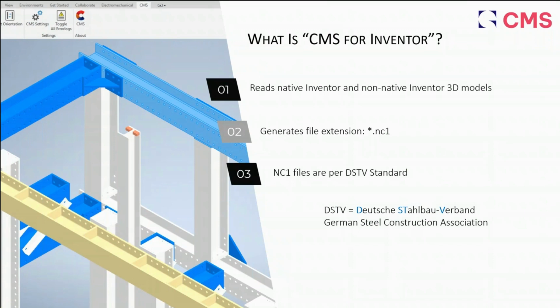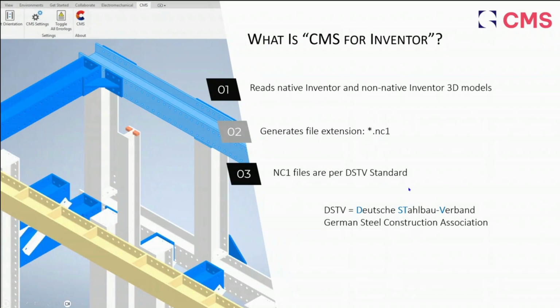So if you're getting anything from your client, your supplier, or your design team, some IGES files or STEP files or SAT files, and as long as you can open that in Inventor, whether it's assembly content or a single member, we can convert them as well, right? The extension of the file we'll be saving as would be .nc1, right?